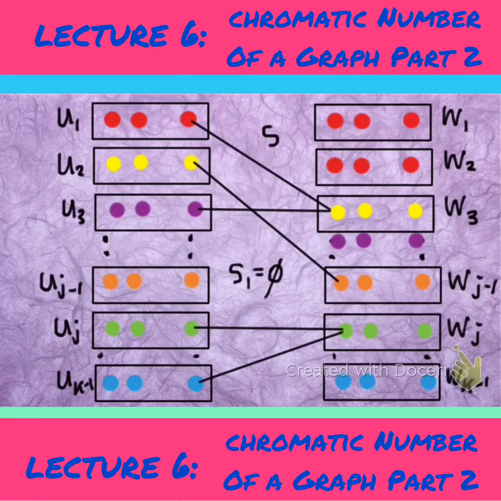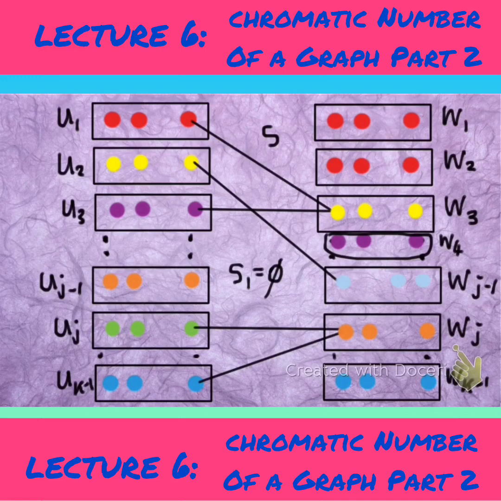Let's say, for argument's sake, I've done the replacement for that particular set there. So I can carry this process through right up until the end. If I go up until U(j-1), because there are no edges between U(j-1) and Wj, I can color Wj with the same color that I used for U(j-1).